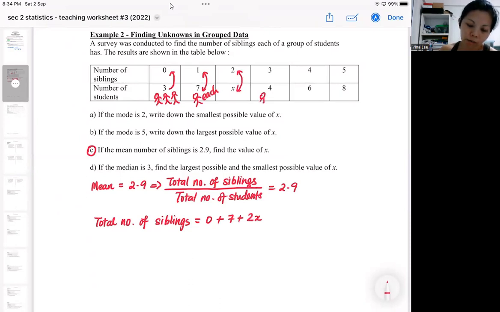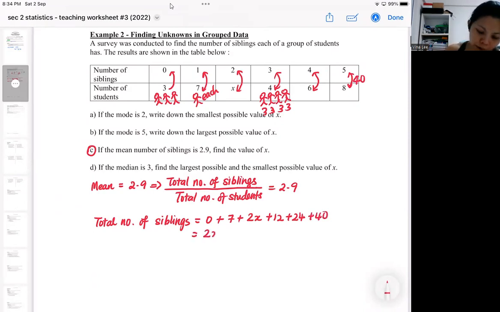And 4 students, each has 3 siblings, so I will have 12. When you multiply, you get the total number of siblings. Then you simplify the algebra, you will get 2x plus 83.